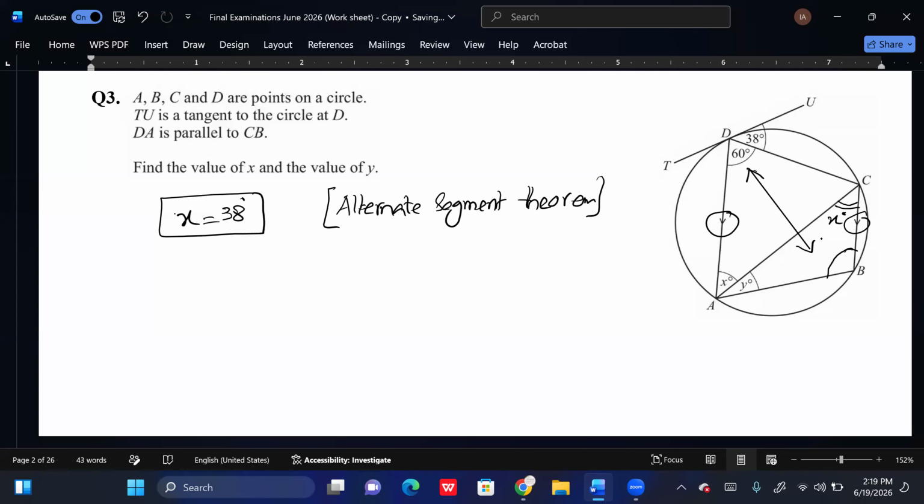If you observe, A, B, C, and D all together make a cyclic quadrilateral.